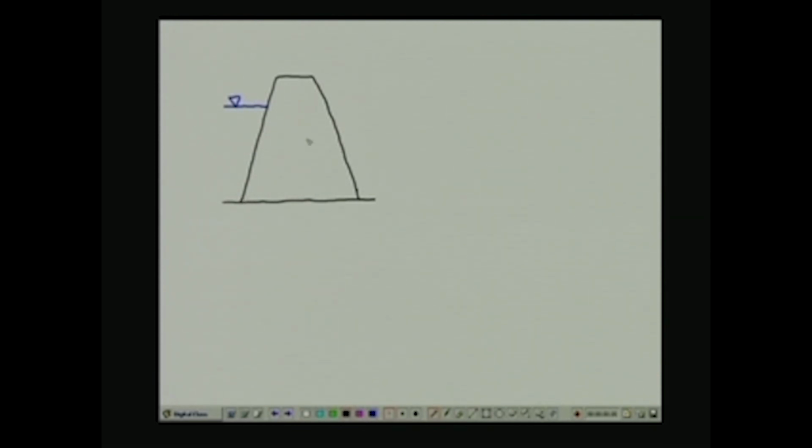So in this case the load to be transferred is going to be directed in this manner. So this is going to be the resultant.